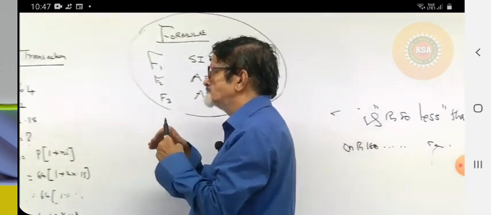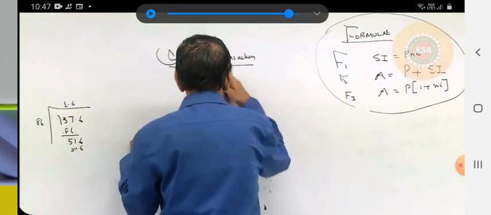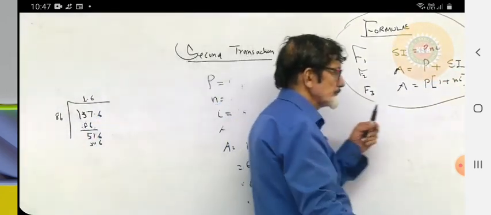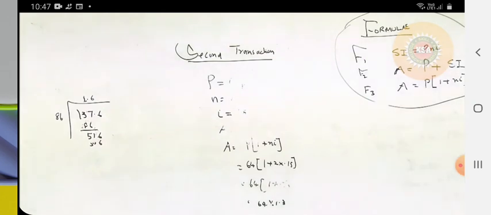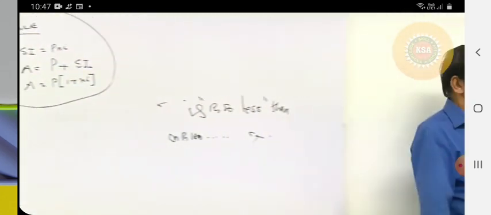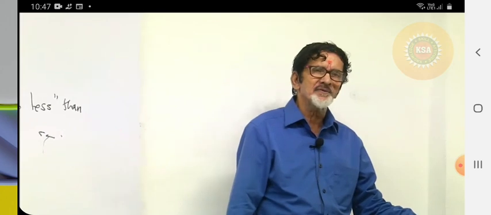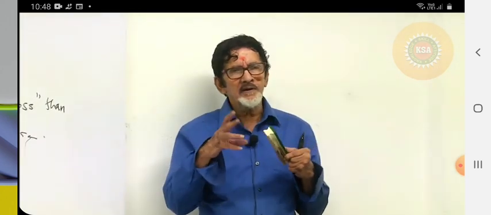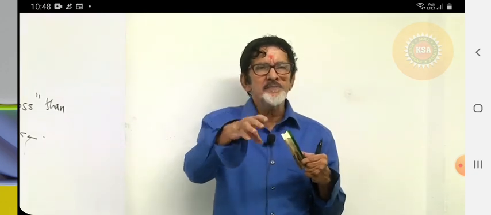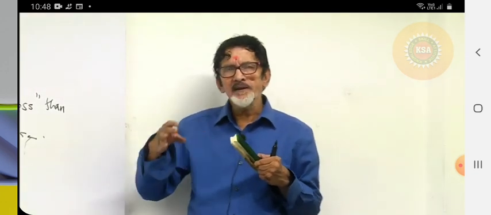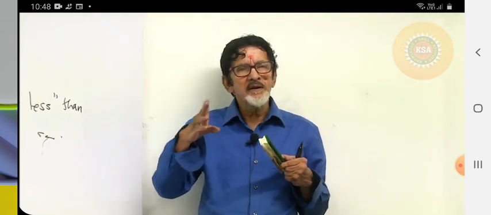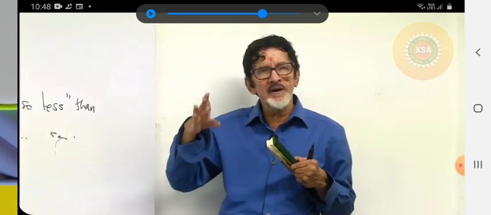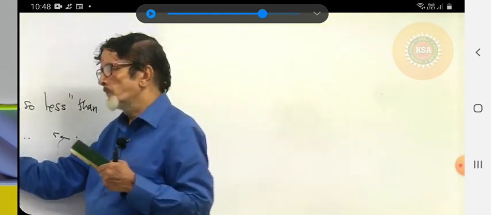Second transaction simple interest, the difference is 80 rupees. So first transaction is 80 rupees less, which means second transaction is more. Second transaction minus first transaction is equal to 80.